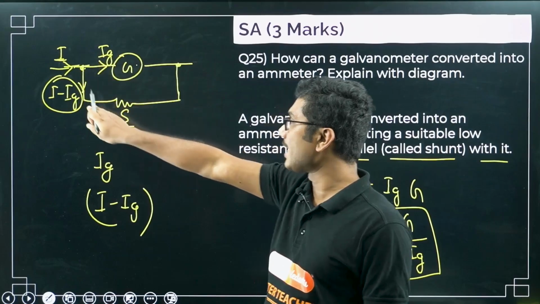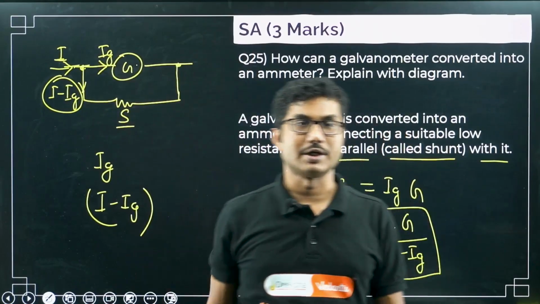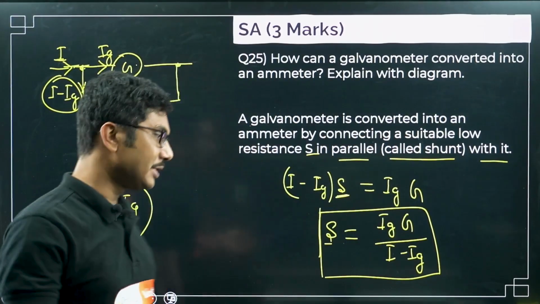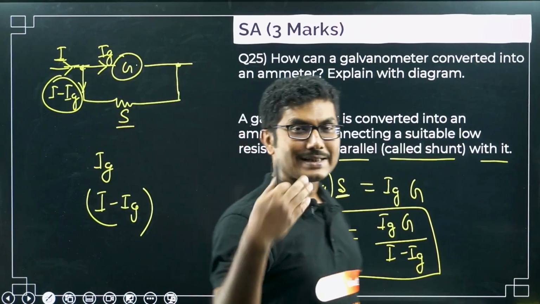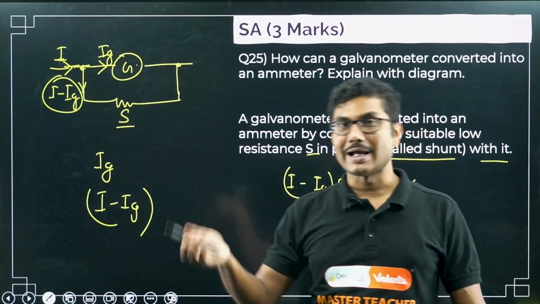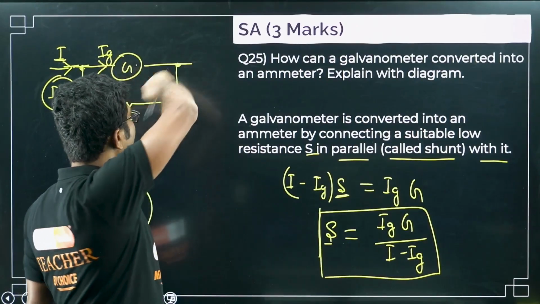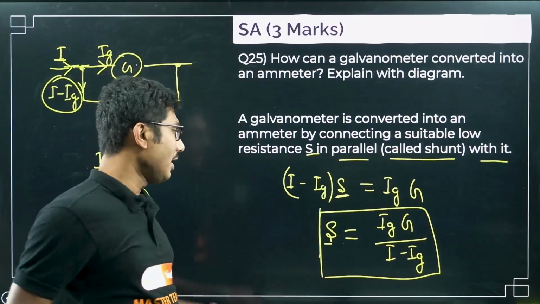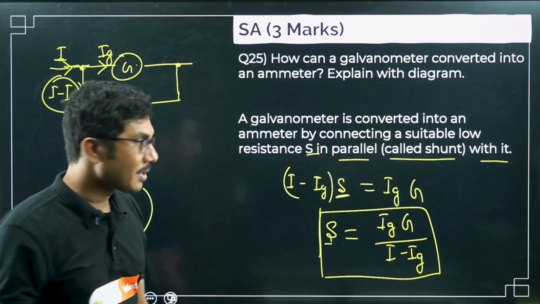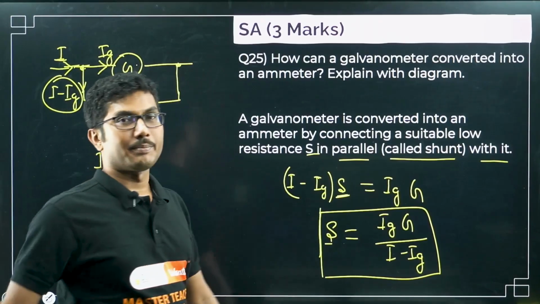Whatever excess current there is will pass through this shunt. That is why it is called shunt. Shunt means that an excess amount of water, or of anything, can be bypassed. Basically the excess current is bypassing through this. So this is the value of the shunt. You have to remember it and not mess it up.